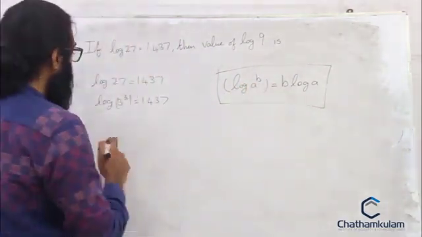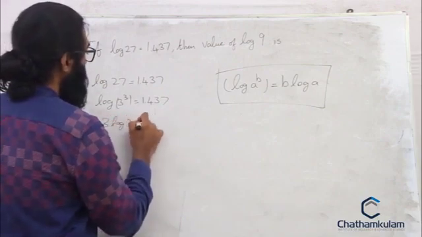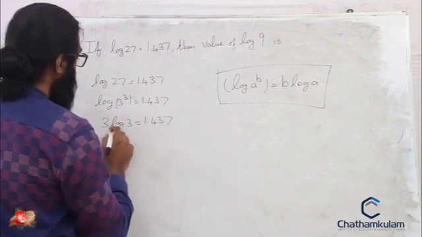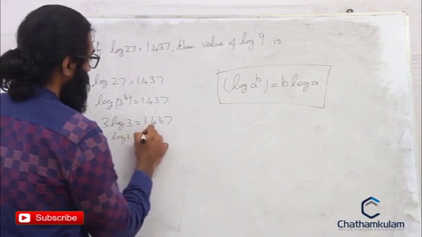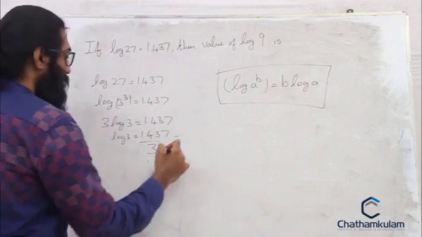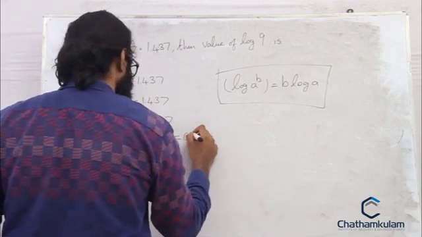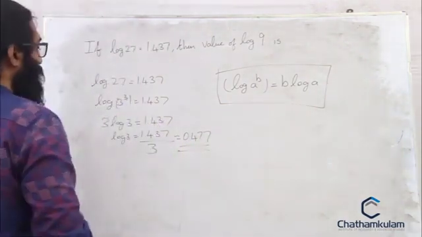So we can apply it here. We can write it as 3 log 3 is equal to 1.437. That is, log 3 is equal to 1.437 divided by 3, which is equal to 0.477. Okay, so we got the value of log 3.